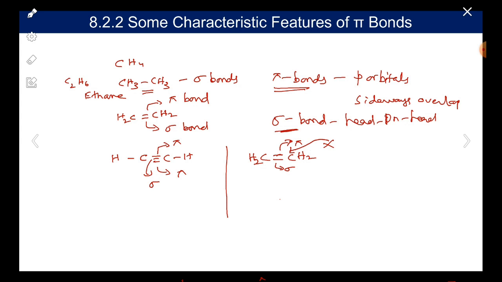So these pi bond electrons are easily attacked by any other reagent. Because of this, whenever there is a reaction, the pi bonds are attacked and there will be formation of new compounds. Sigma bonds will stay stronger and continue with the same backbone structure. Whenever I say backbone, it means the sigma bonds. Pi bonds are additional ones which can be attacked or substituted by some other atoms or molecules.